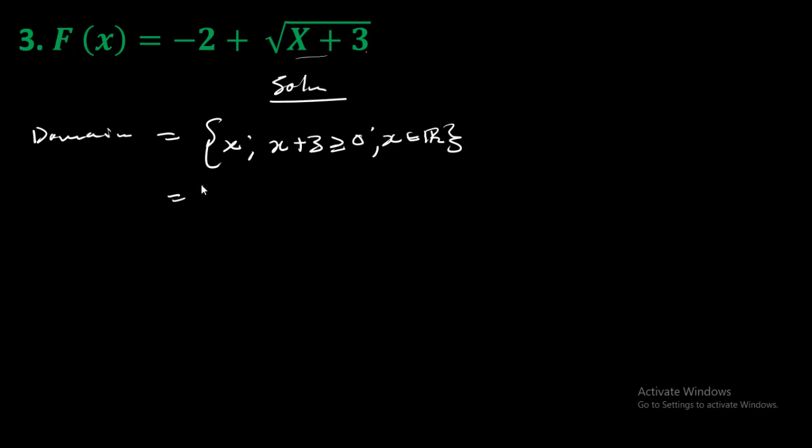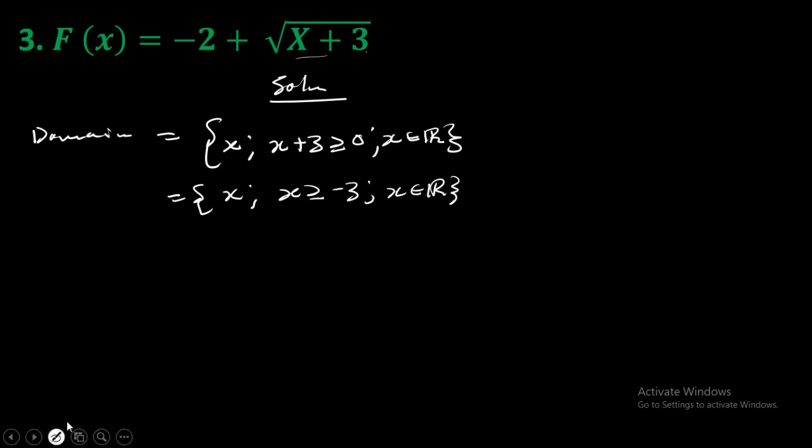In this case, you're going to find that x is greater than or equal to negative 3. So the domain is starting from negative 3 going towards the positive direction.